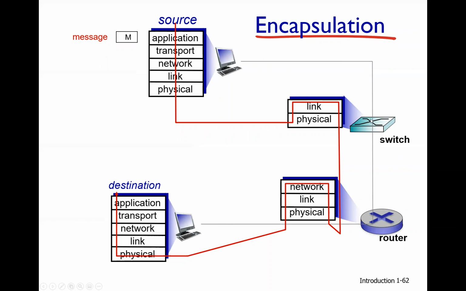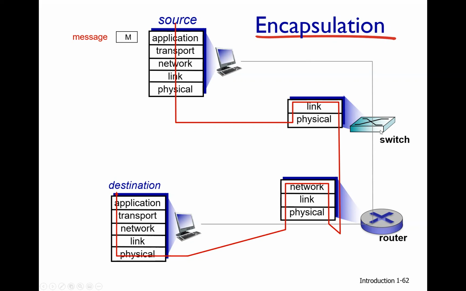We're assuming here we only have one switch and one router, but you can easily expand this to multiple hops. So here, we're showing one switch and one router. An interesting observation here is that switches and routers do not have all 5 layers of the Internet protocol stack.